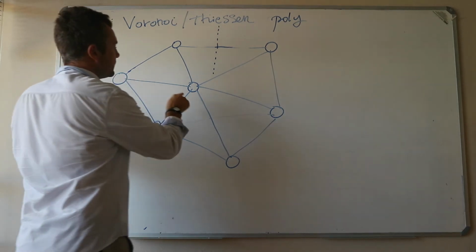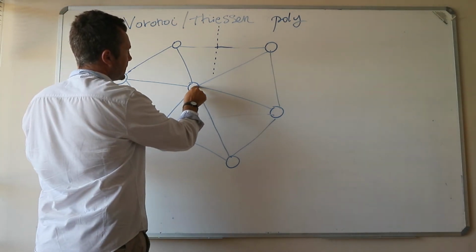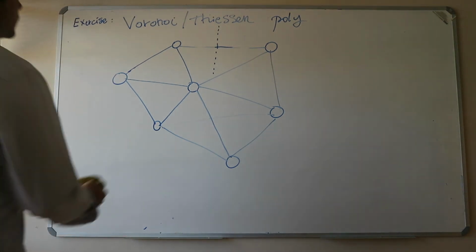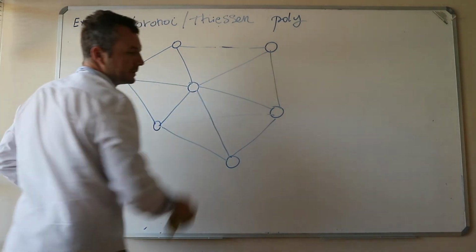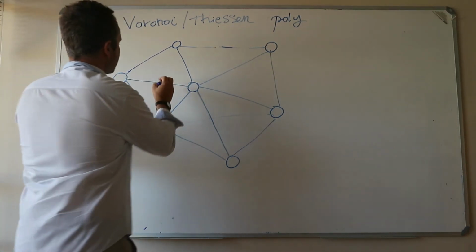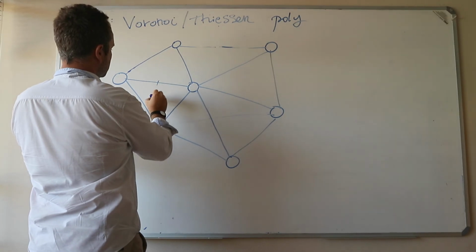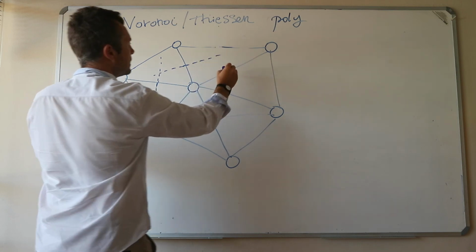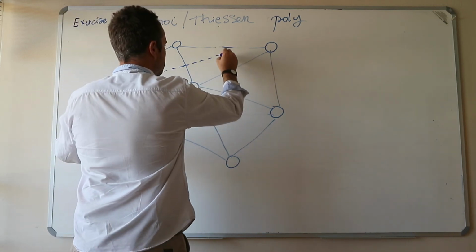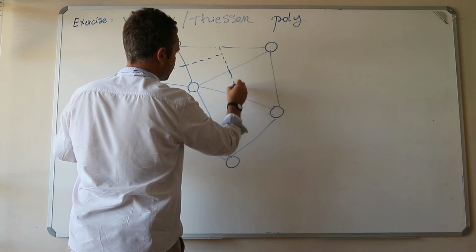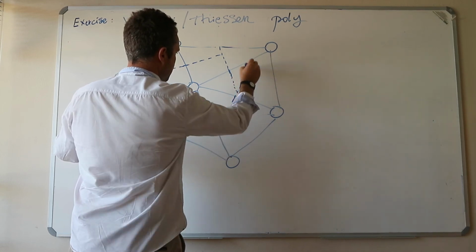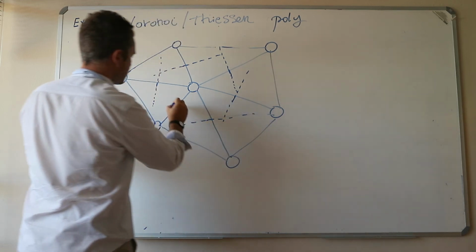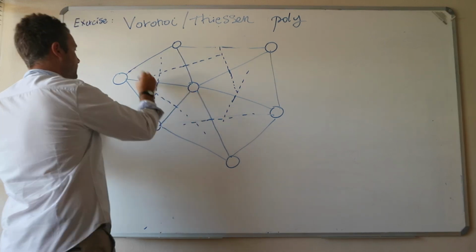Okay, let's do it only for the central point, but the same mechanism should be replicated for the others. So for the central point, the bisectors should be drawn one here, one here, one here, one here, one here, and one here.